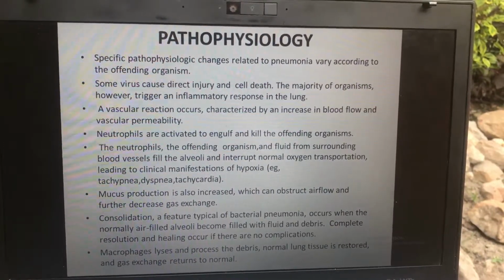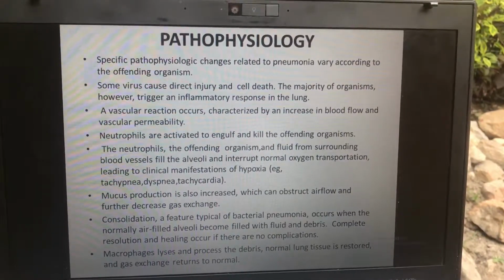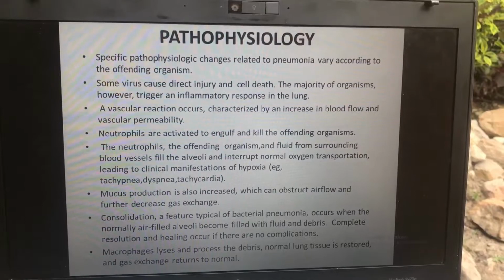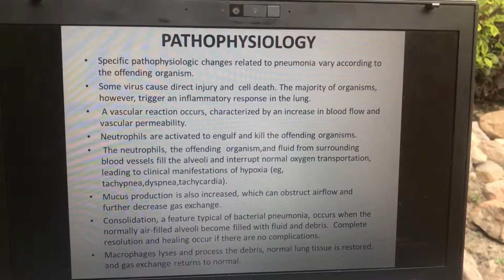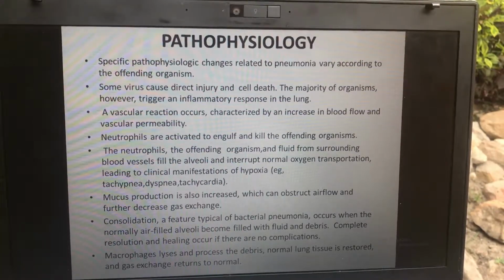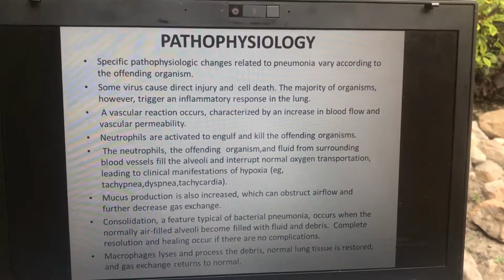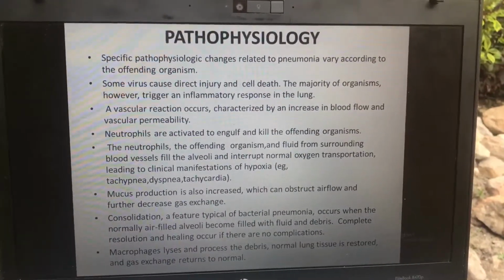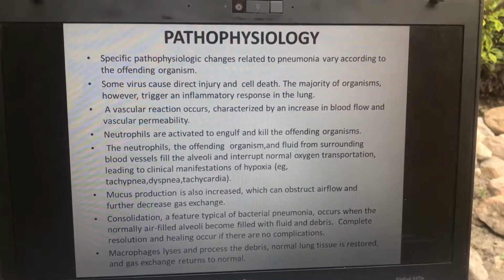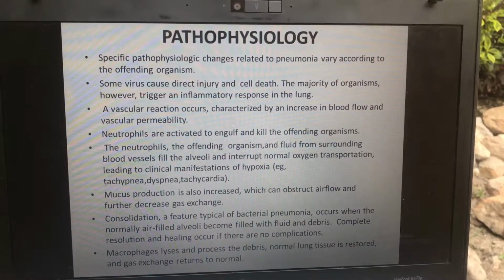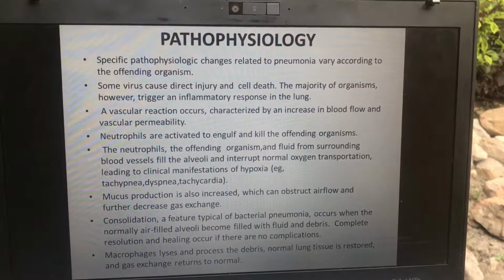That will cause fluid in the alveoli. And that fluid will interrupt normal oxygen transportation, leading to hypoxia. When you say hypoxia, this is low oxygen in the cells. Hypoxemia, this is low oxygen in the blood.